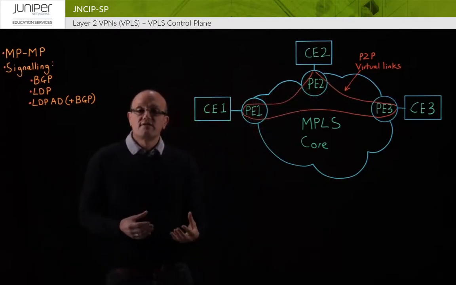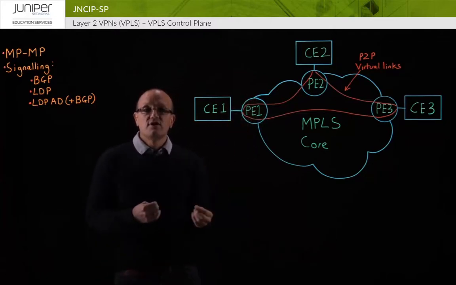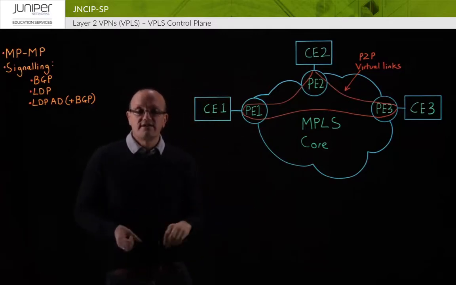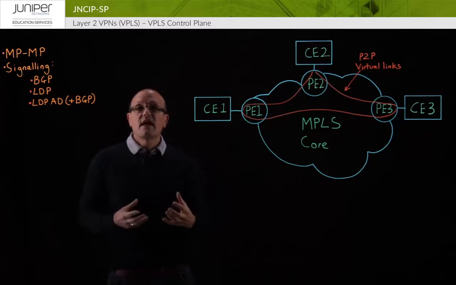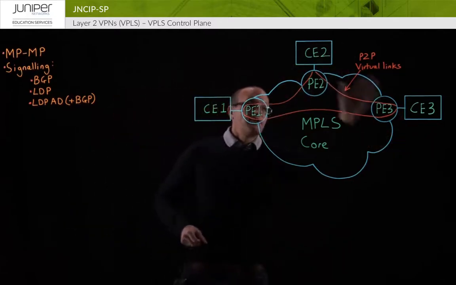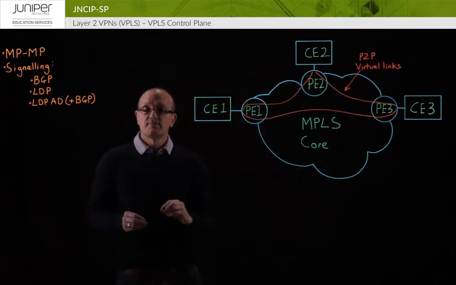Instead of binding a particular site ID, a particular interface, to a particular remote site ID, we remove that binding and we're saying that any site is allowed to form virtual circuits to any other remote site within that identified VPLS domain.